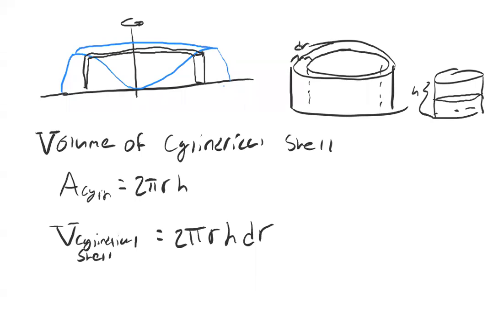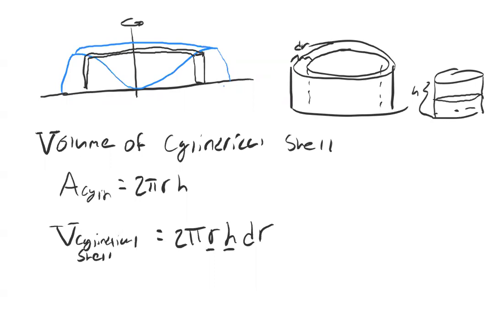And so if I want to do these new shapes that I've drawn up here, I'm going to need to determine what these quantities are. So what is r, what is the height, and then dr. Whatever r is, that's going to be my integration variable now.